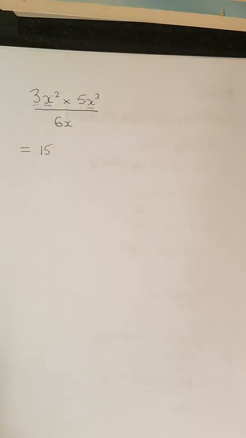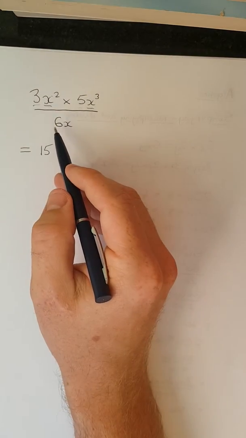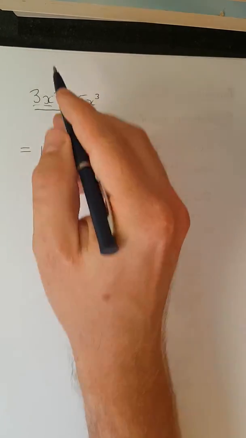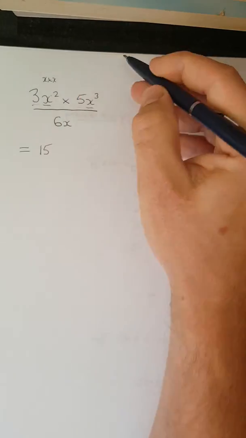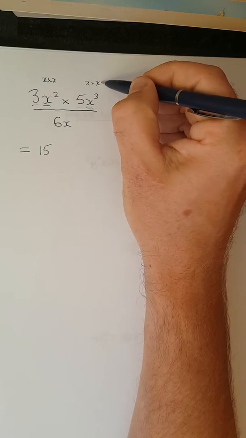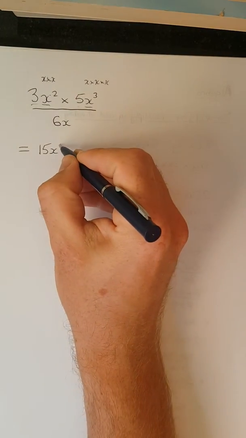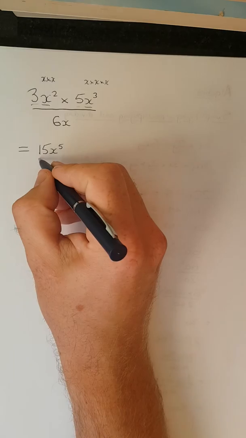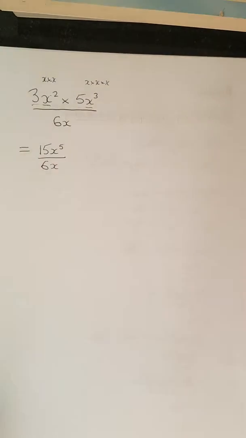X squared times x cubed, well that's x times x, and this is x times x times x. So I'm going to have 5 of them multiplied together. x to the 5 divided by 6x.